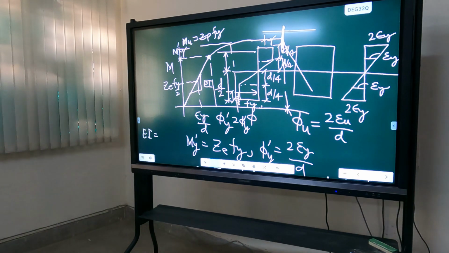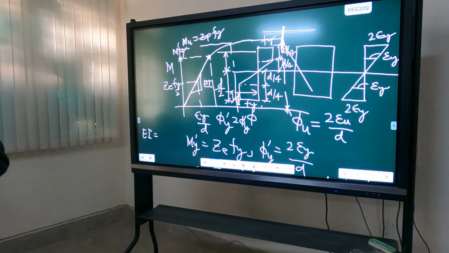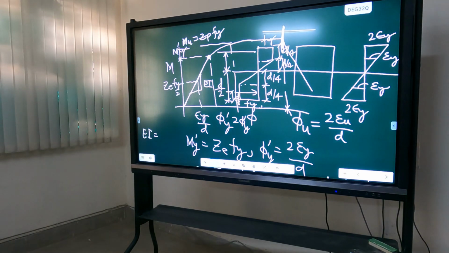So either you can divide M y dash by phi y dash, or the first point which we have taken corresponding to epsilon y by 2, you can take that point also. So you calculate the slope of this line at any point, okay, it will be the same.